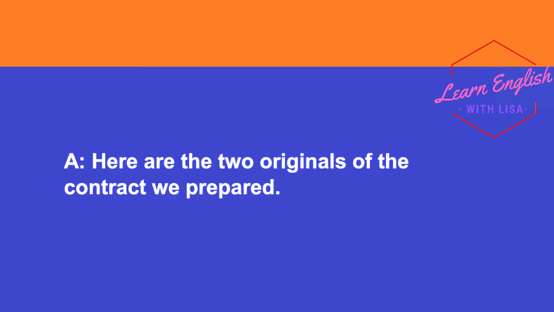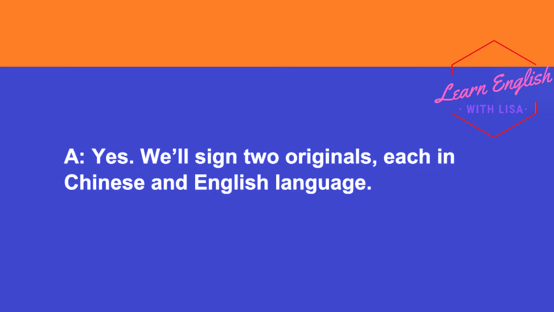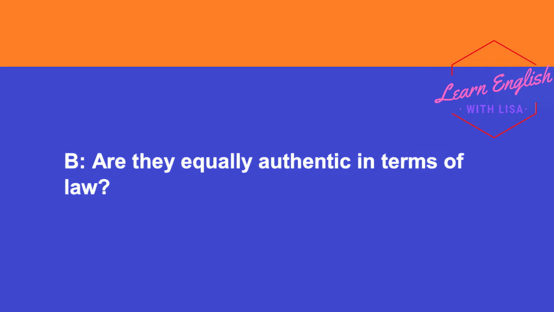Dialog 1. Here are the 2 originals of the contract we prepared. Are they written both in Chinese and English? Yes, we'll sign 2 originals, each in Chinese and English language. Are they equally authentic in terms of law?